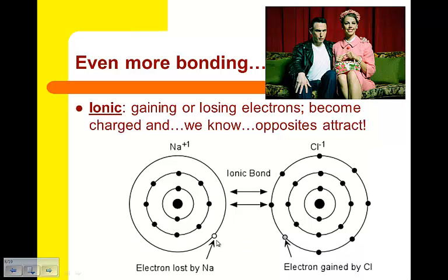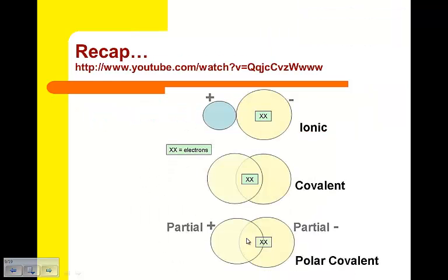So what's going to happen is this one, sodium's not happy, chlorine's not happy. So sodium is going to say, hey, why don't you take my electron, and chlorine would happily take it. And so it's going to donate that electron.